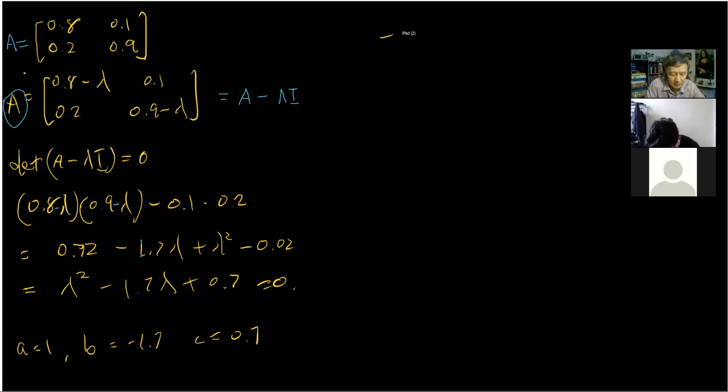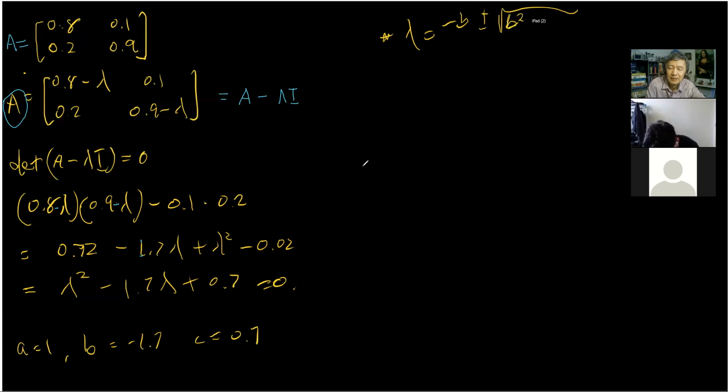Sorry. Let's say lambda equals negative B plus or minus the square root of B squared minus 4AC, all over 2A. Sorry, that's not correct. B squared. Yeah, got a little bit ahead of myself.